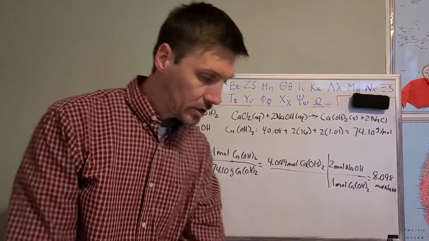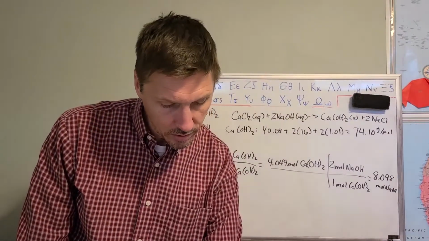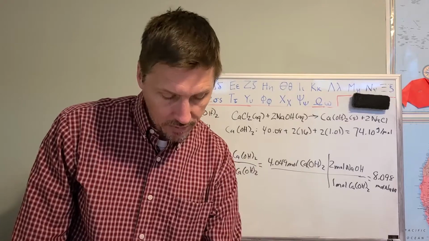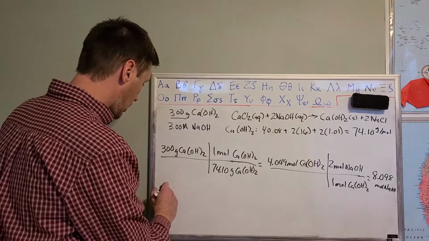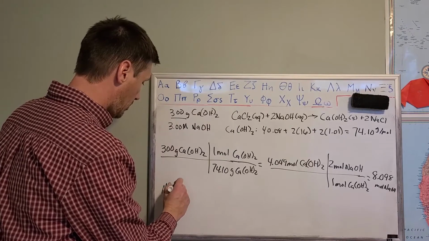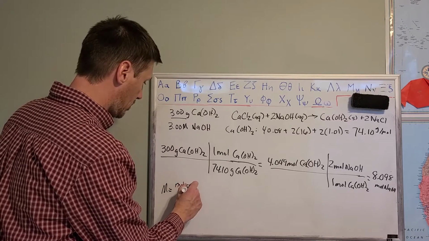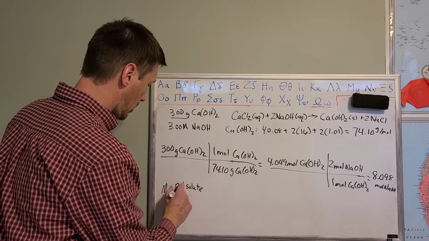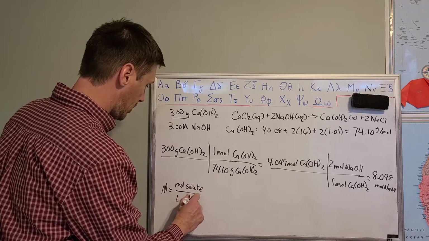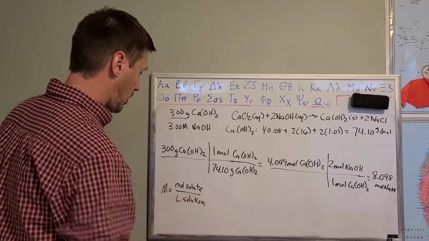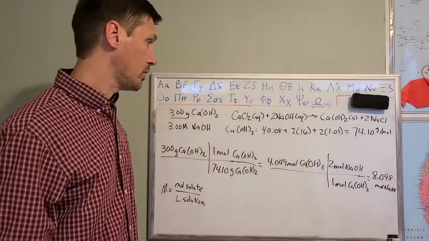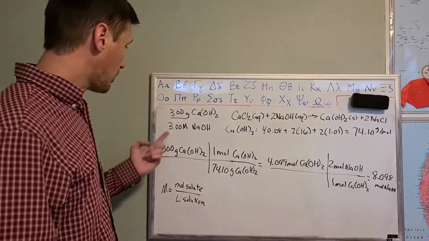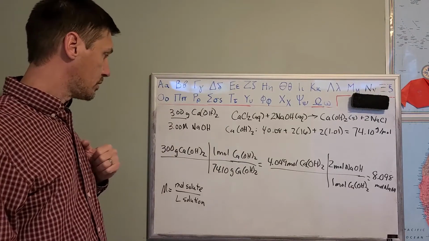Now again, the question for the problem was what volume of that solution will need to be used. And remember, molarity is moles of solute over liters of solution. And so what we have right now is the moles of the solute right here, 8.098, and we have the molarity, which is 3.00 molarity.